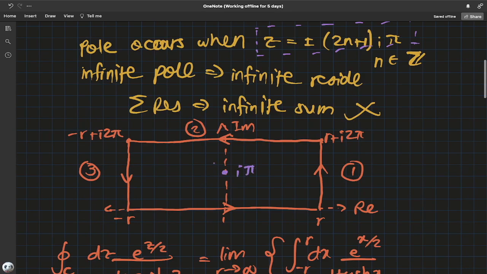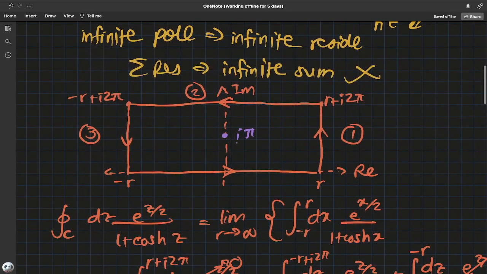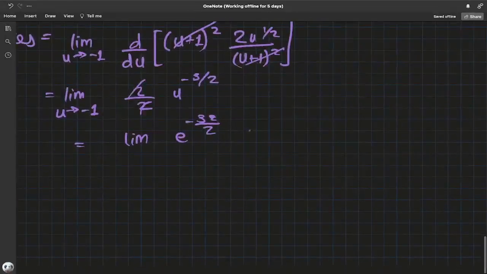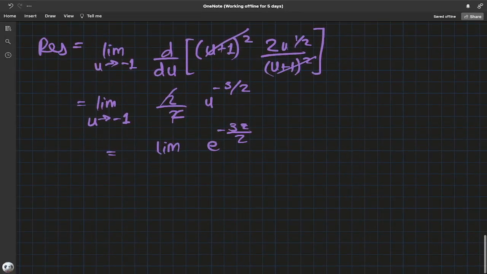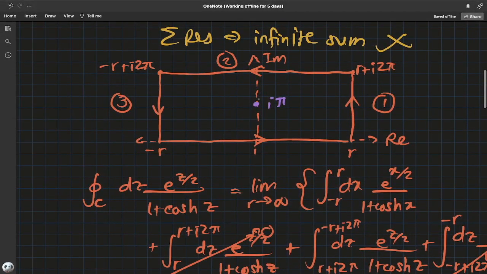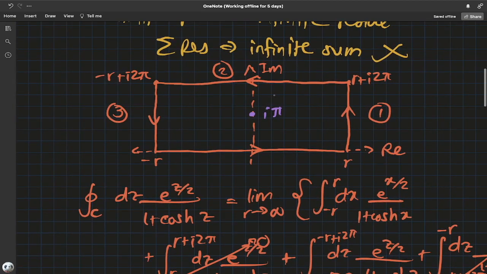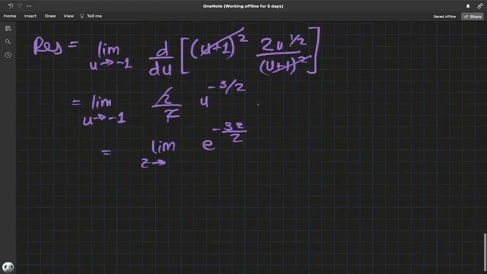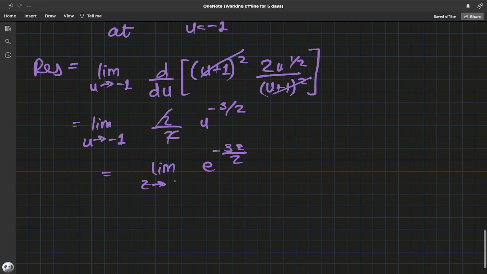So we just had one pole, and that's what we need to substitute, because e raised to i pi is negative 1. We're referring back to the old contour because we could have 3i pi, and e raised to 3i pi is also negative 1. That's why we need to check with the contour what's going on.